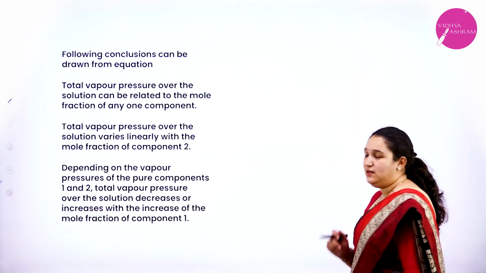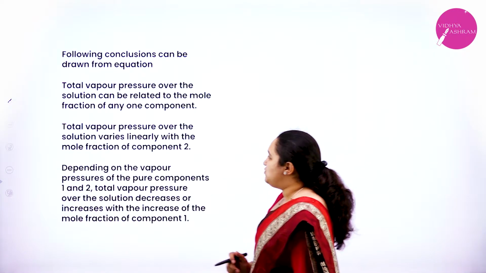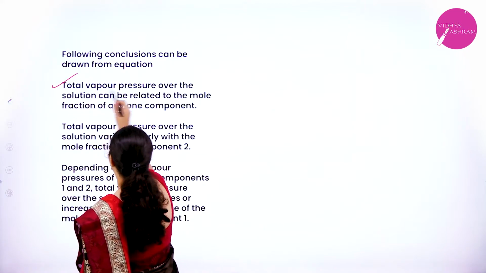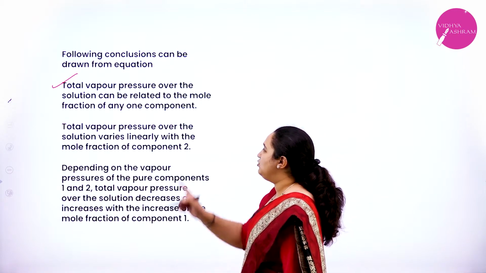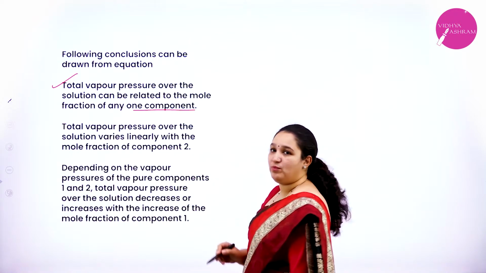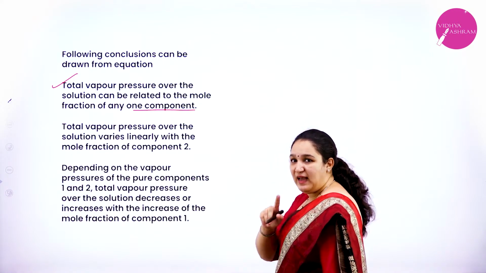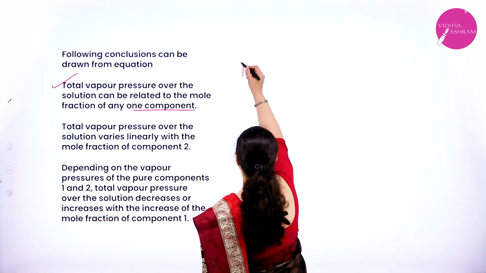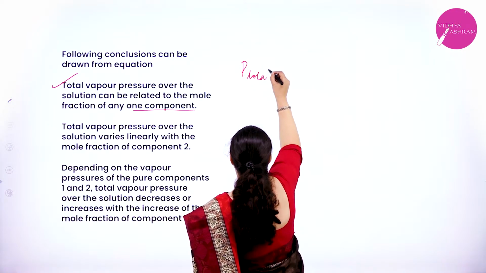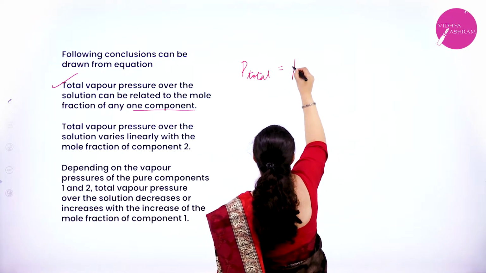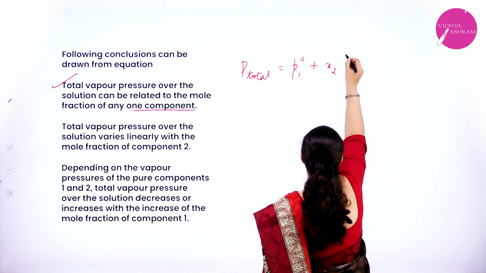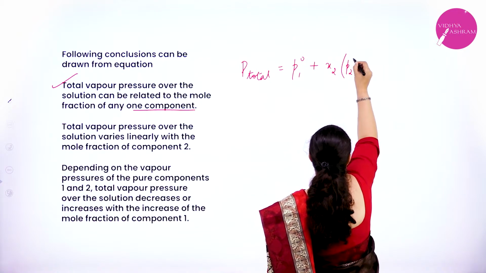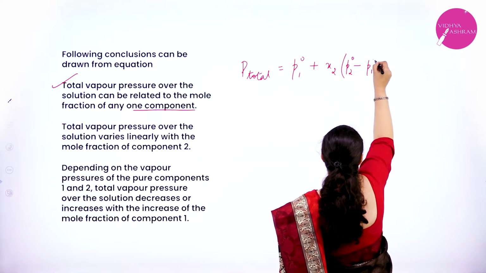The first one is that the total vapor pressure over the solution can be related to the mole fraction of any one component. Am I right? I'll write the equation again. P total is equal to P1 naught plus x2 into P2 naught minus P1 naught.